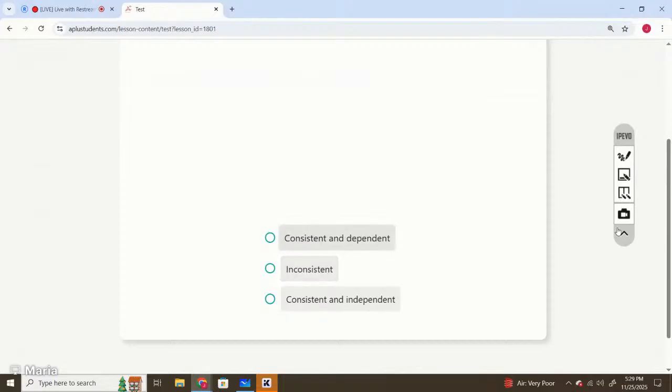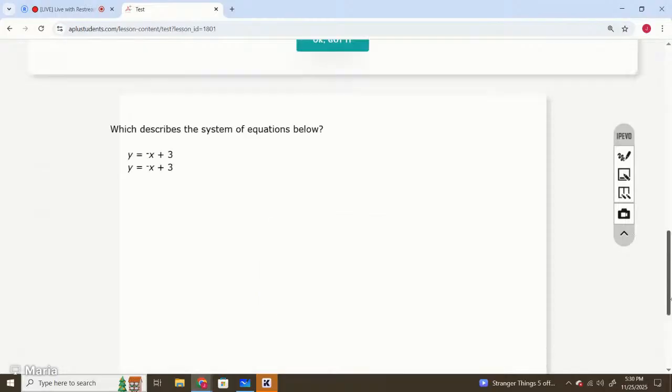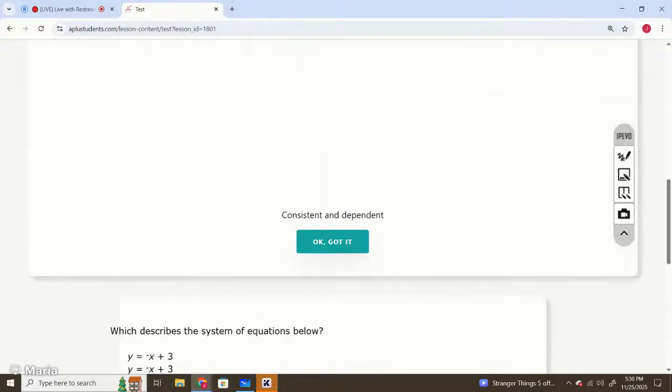The system is consistent and dependent, right? That means consistent and dependent. Okay.